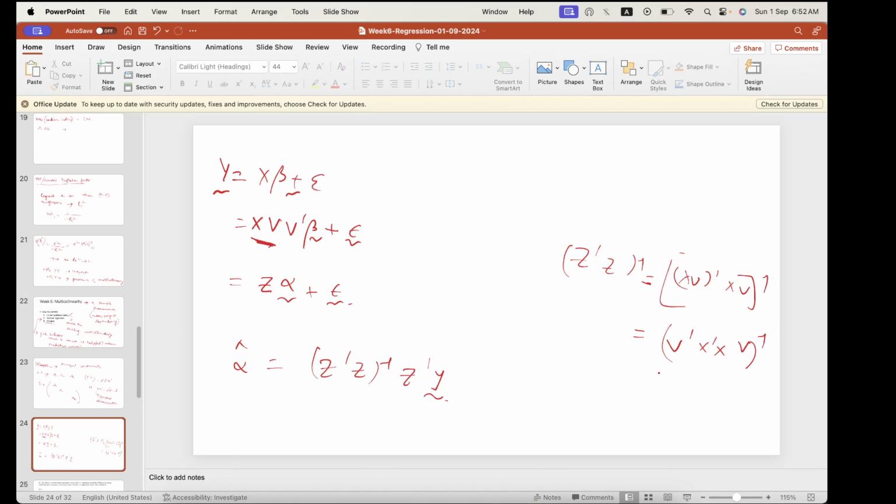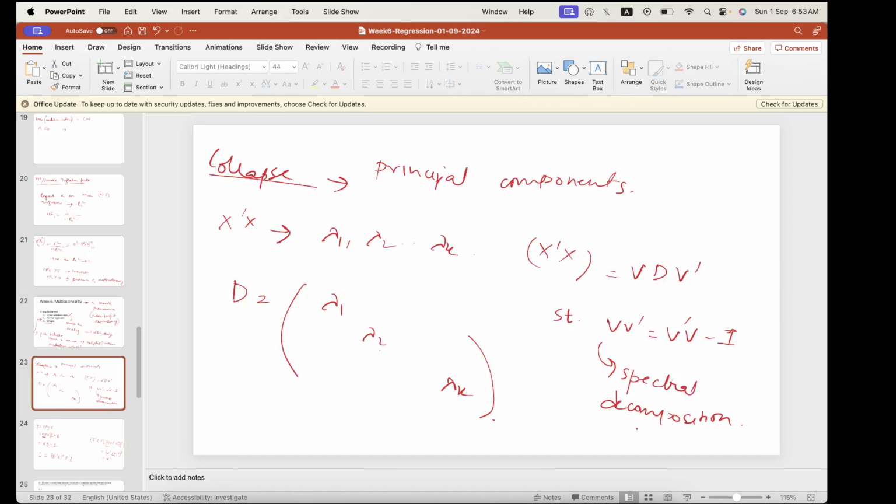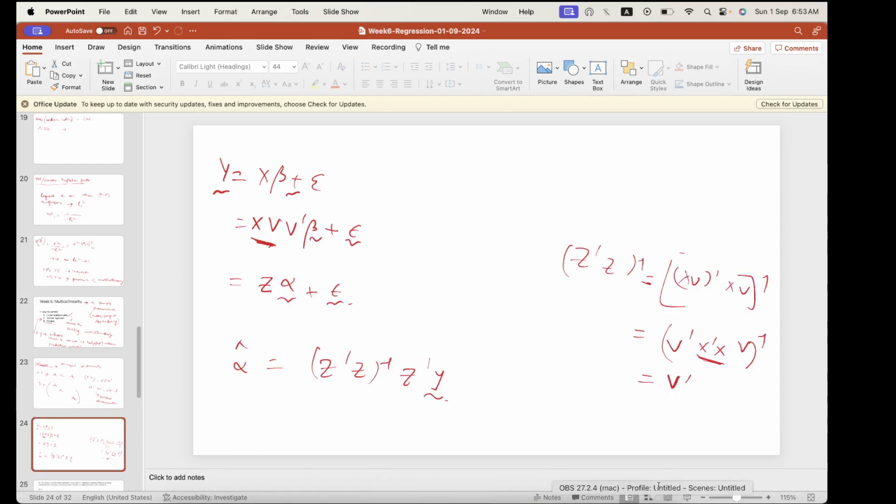So then this X prime X we have decomposed into V D V prime. So it becomes V prime V D V prime V inverse.